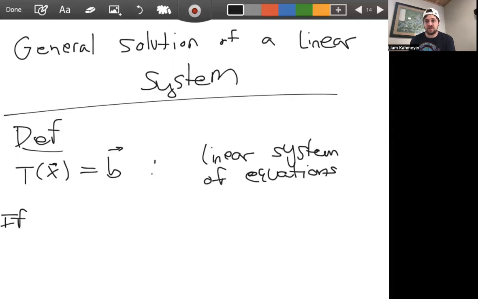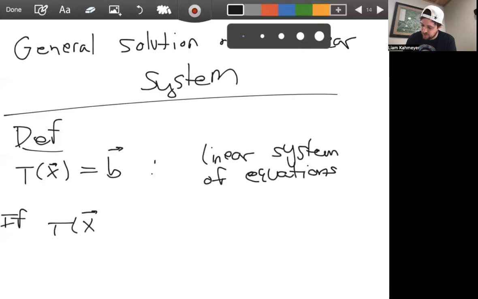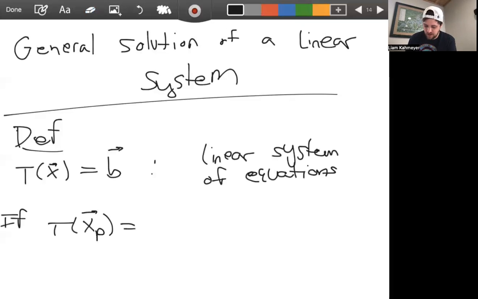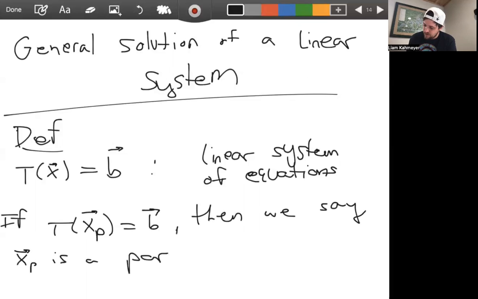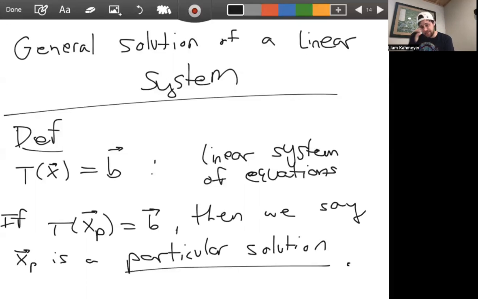If we find some X sub P such that it satisfies this system, so we have that T of X sub P equals B, right? Then we say X sub P is a particular solution to the system, okay?